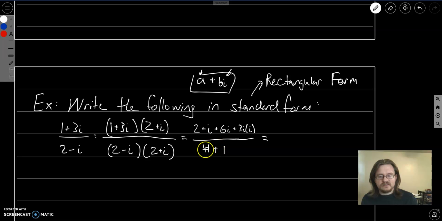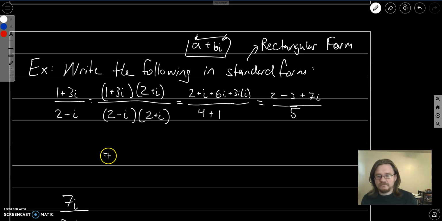So again, if I start simplifying, on the bottom I've got 5. And then on the top, my 2 imaginary terms, i and 6i, I'll write that down at the back. At the front, I've got my 2, and I've got 3i times i. Well, i times i is negative 1. So that's going to be negative 3.